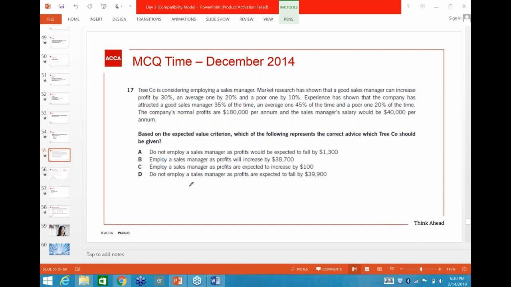Right. So 100, and we have three managers now: the good fellow, the average guy, the poor guy. So the good fellow will increase profits by 30%. The average guy will increase profits by 20%.